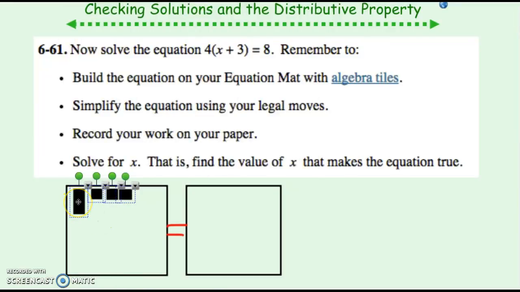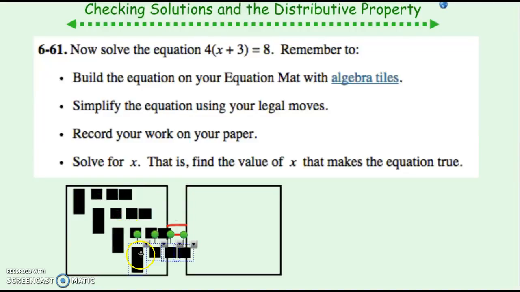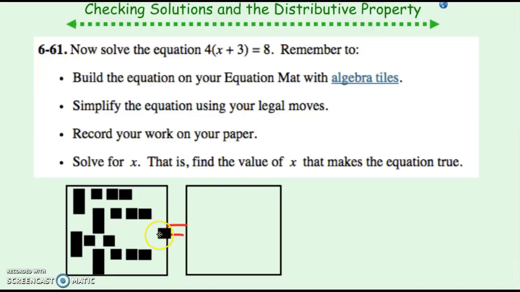And now I have 4 groups of those. So I'm going to duplicate those 4 times. You need to draw 4 groups of them in your notebook. So I have 4 groups of x plus 3. So x and 3, x and 3, x and 3, x and 3. So your paper on the left should look the same as mine, is equal to 8.